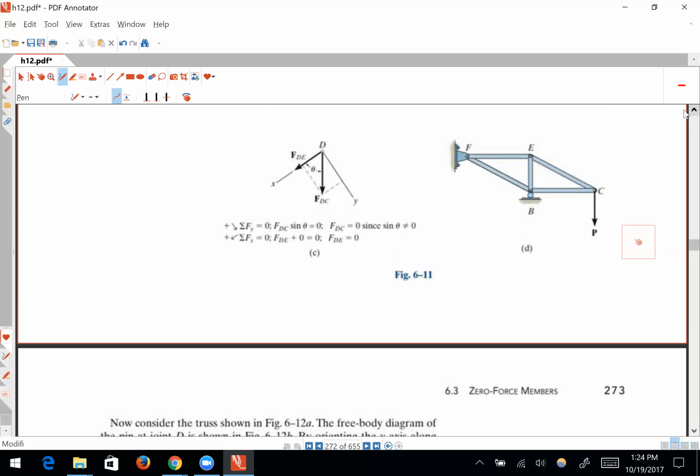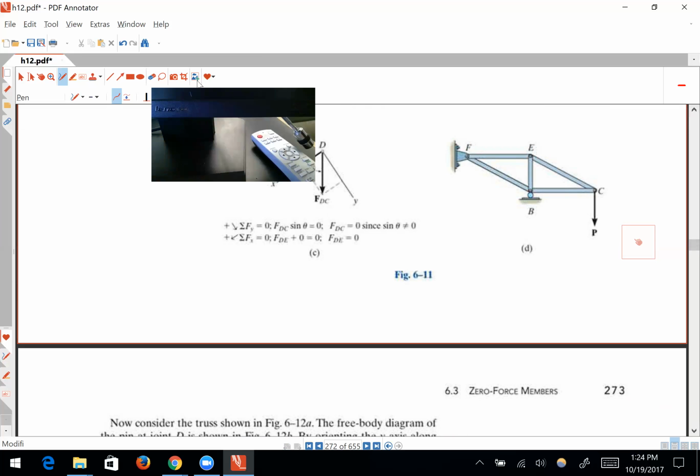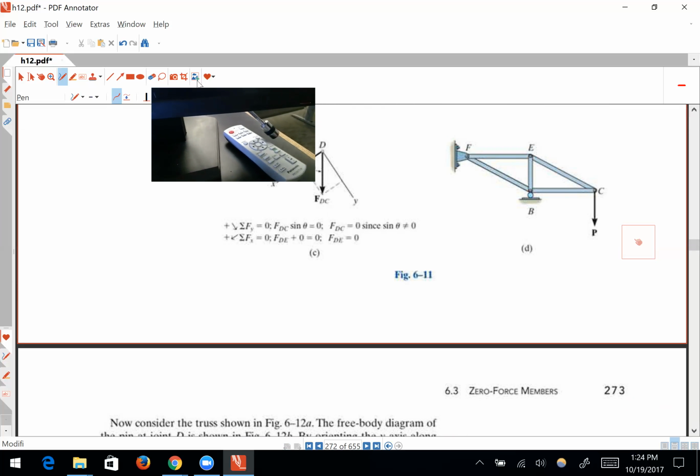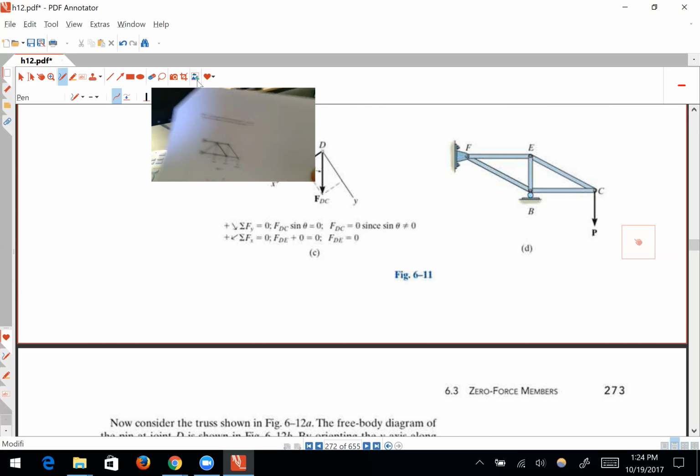I had a kind of weird question about zero force members. This question isn't asking for it, but me and David were just talking about it. We were looking at an example on the slides, and it was a similar thing where the force was located at the top, like at E essentially.